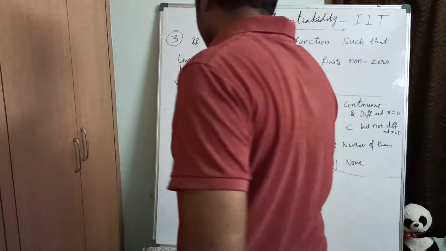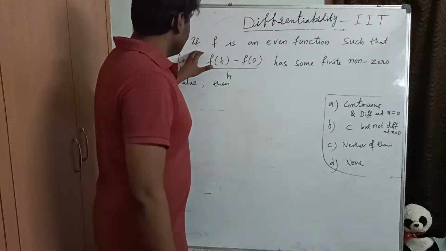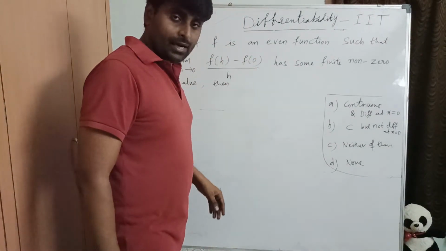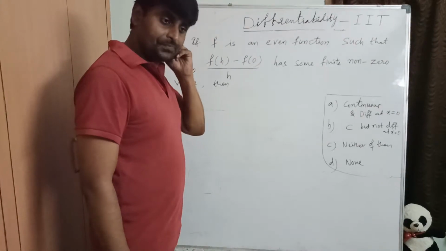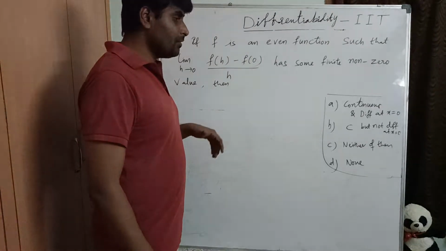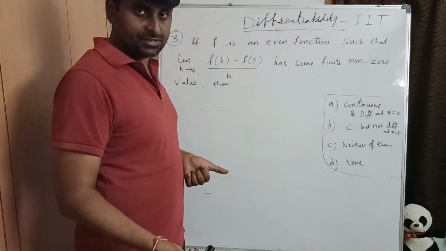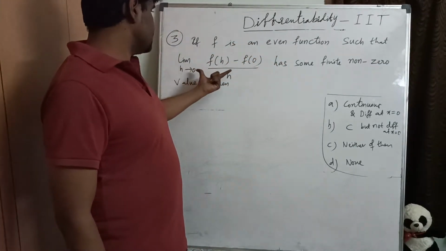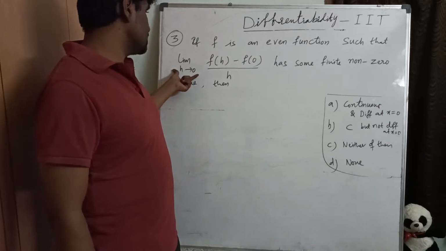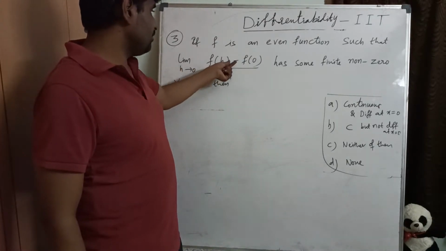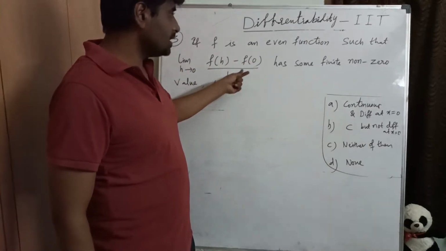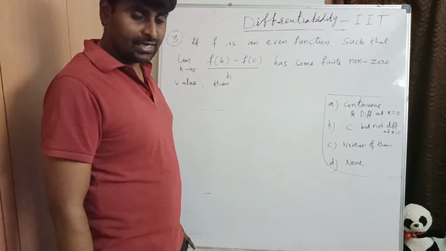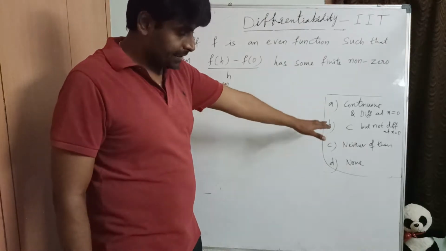Now, look at question number 3. If f is an even function, what do you mean by an even function? f of minus x equals f of x. Similarly, f of minus h equals f of h. So f is an even function such that this limit h tends to 0, f of h minus f of 0 by h has some finite non-zero value, then which of the following is correct?